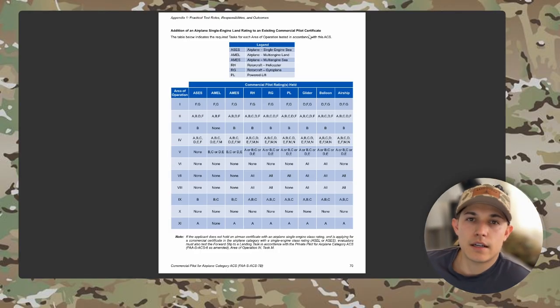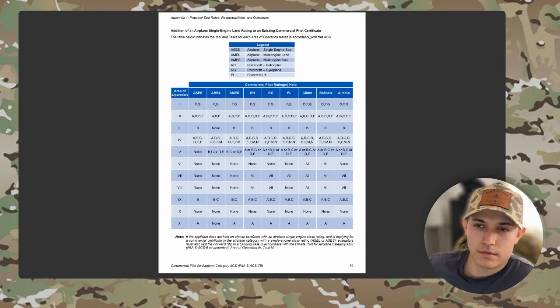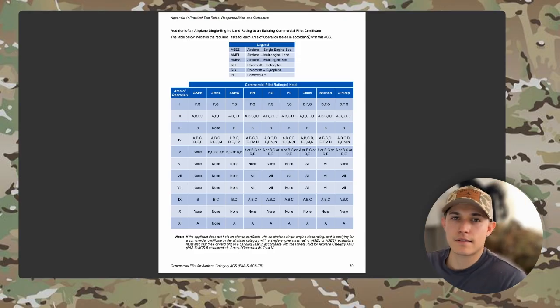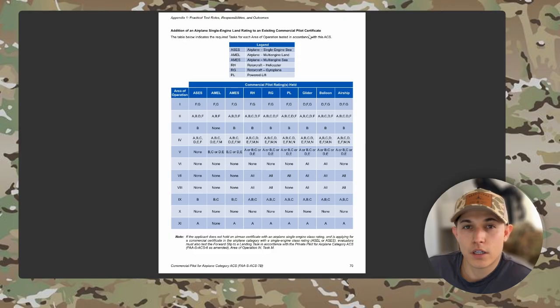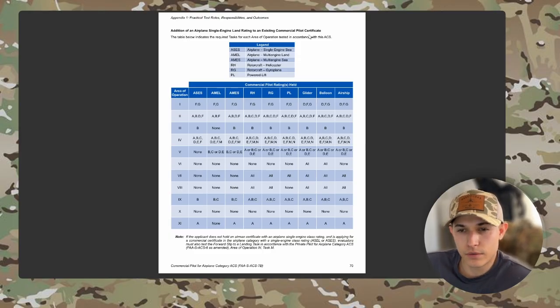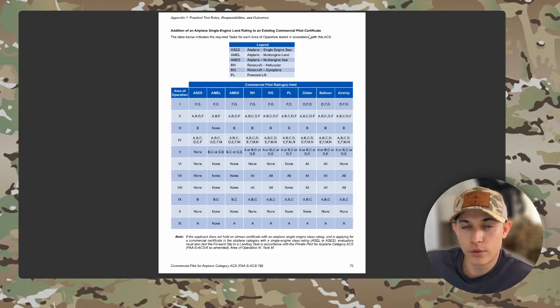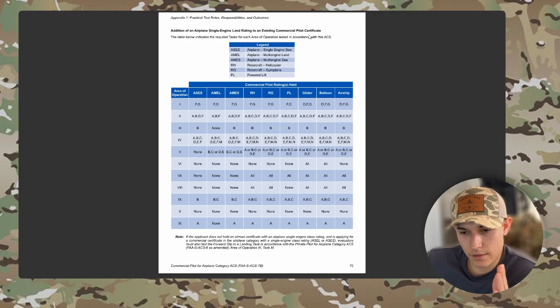Once you took that commercial test, the FAA test, at Fort Rucker, that gives you your commercial certificate for rotorcraft helicopter. You are now a commercial pilot in the FAA's eyes, right? So you are now going to take a commercial airplane add-on checkride.